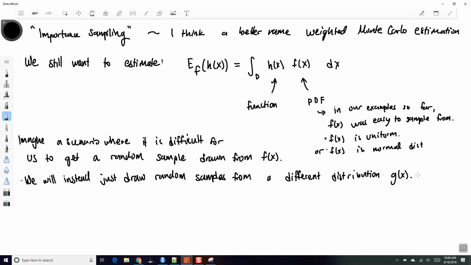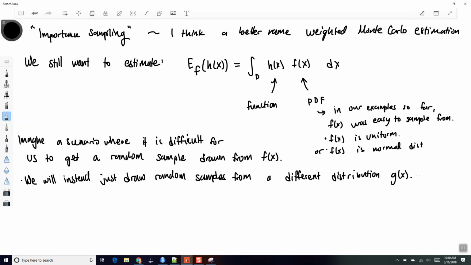Okay, there doesn't have to be a relationship between f of x and g of x. We get better performance if g of x looks kind of like f of x, but mathematically it will work out either way. So we just draw random samples from an entirely different distribution g of x.